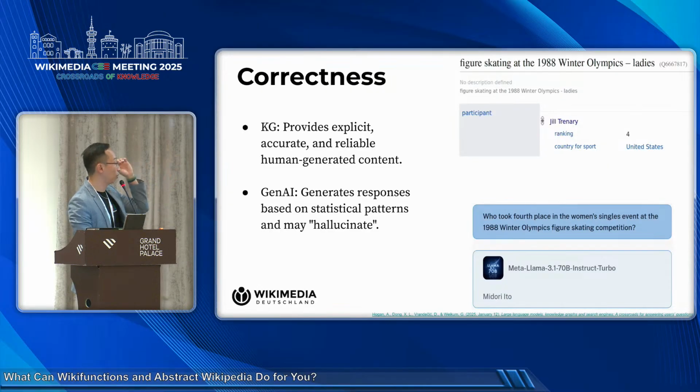a query was asked: who took 4th place in the women's singles event at the 1988 Winter Olympics figure skating competition, to Metalama version 3.1.7. Then the response is Midori Ito, right? However, if you go into Wikidata, you would see that the participant is Jill Trenary.